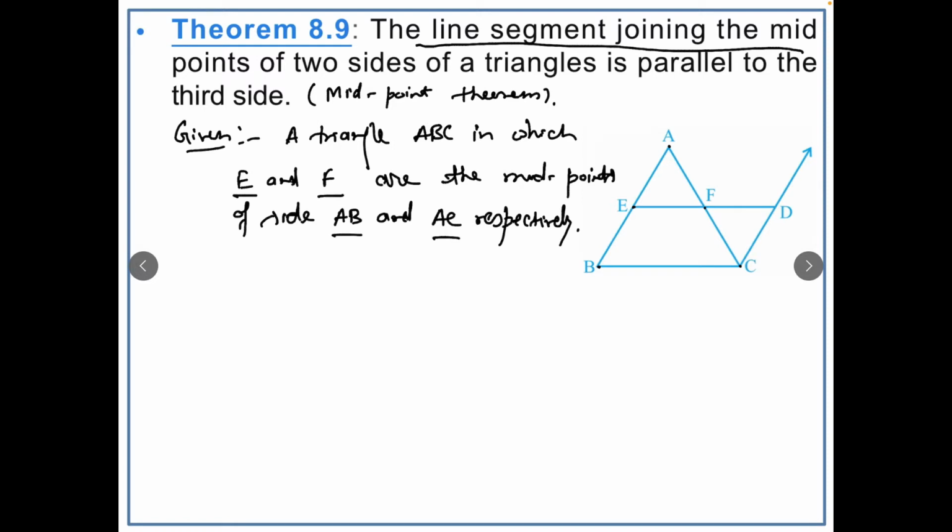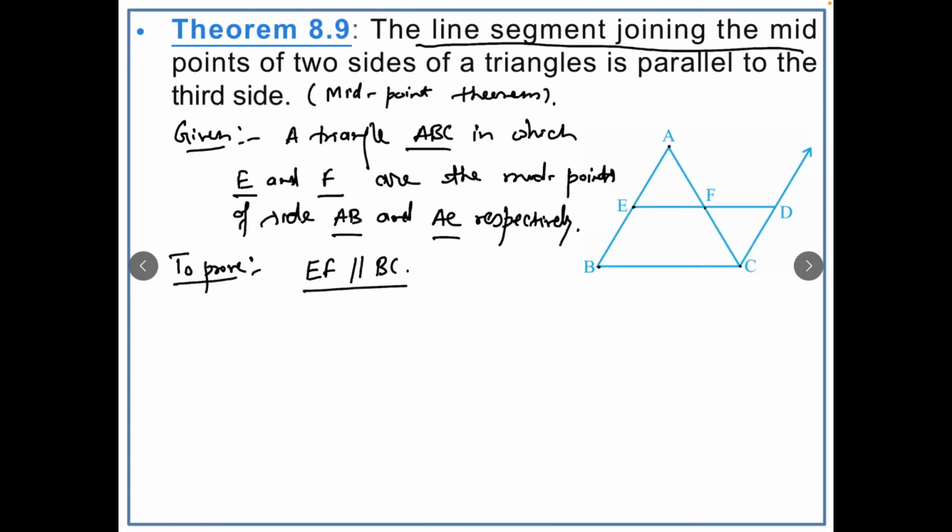We have to prove that EF is parallel to BC. Because EF is a line segment joining the midpoints of two sides, and this has to be parallel to the third side.